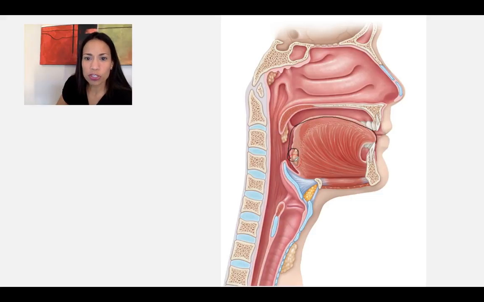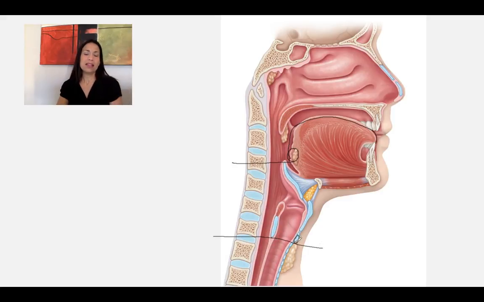The next portion then is the laryngopharynx that begins, remember, at the level of the epiglottis and ends at the inferior border of the cricoid cartilage. In here it's easy to identify the cricoid cartilage. You just need to see that it is the bigger ring. So that's the boundary.